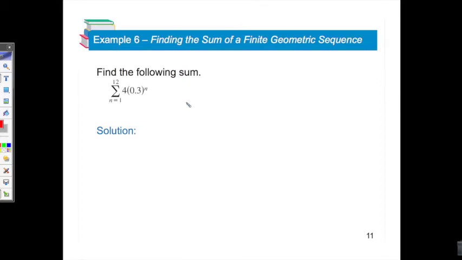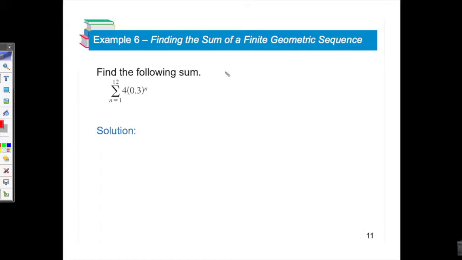So what I want to do first is find the following sum. I'm using an n for my variable, and I want to start at 1, and I want to go all the way to 12. Now I could take 1, put it into the equation, find the first term, then put a 2, and a 3, and a 4, and a 5, and a 6, all the way up to 12. But it's probably going to be pretty time consuming. So why don't I just find the first term?